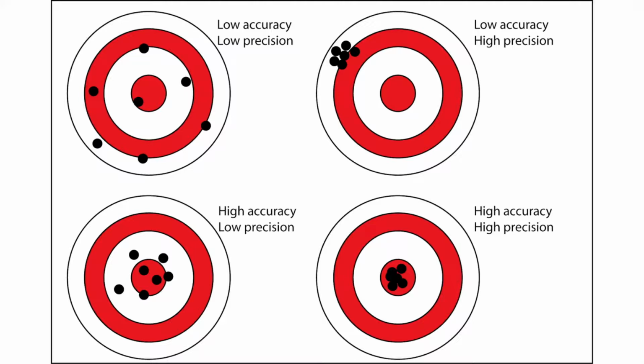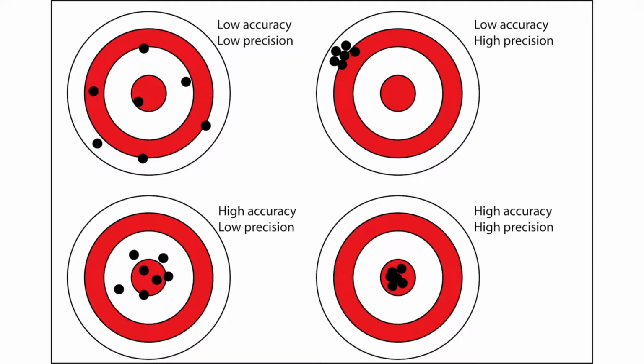Precision is how close you can group your results together. Accuracy is how close you are to the result you want to find. Very good. So accuracy is if you hit the, what do you call that in darts? The bullseye.